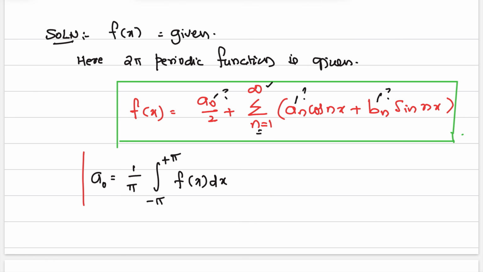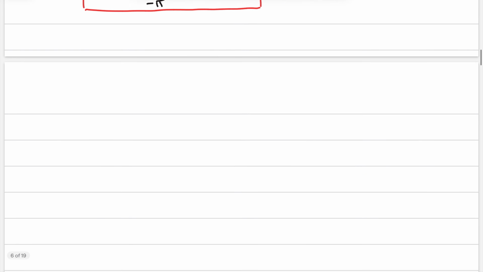Please remember this. The value of A0 can be found out from this. You know function x. Whatever may be the value of function x, A0 is this.